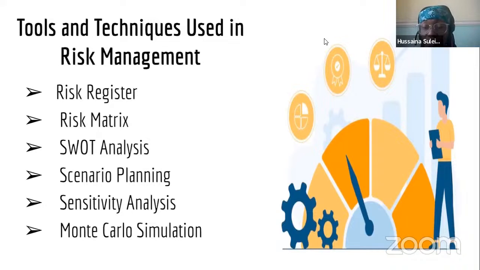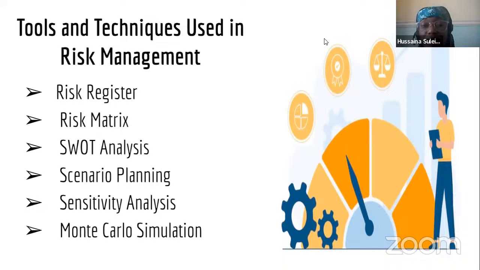Then it also includes a risk score and mitigation plan, what you intend to do, how you intend to handle the risk. There's also a column for a risk owner, that's the person in charge of that risk if you are working as a team, and also the status of the risk at the end of the day, if eventually you get to mitigate the risk or you get to end it.